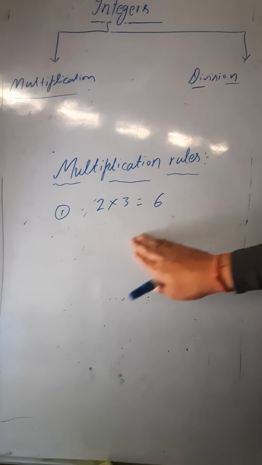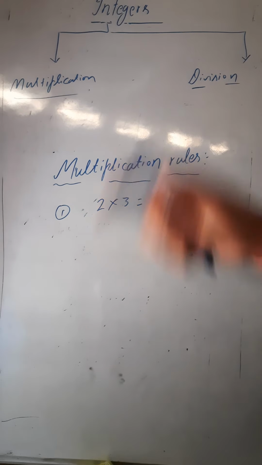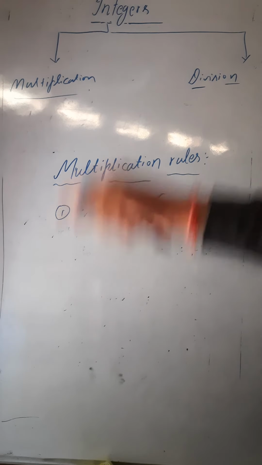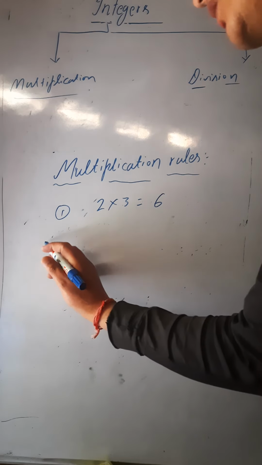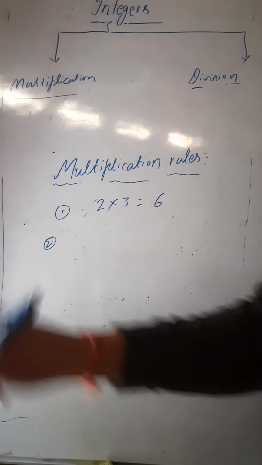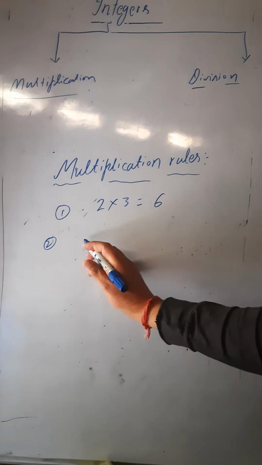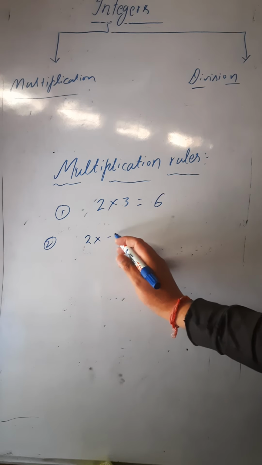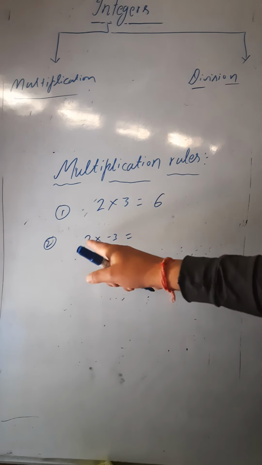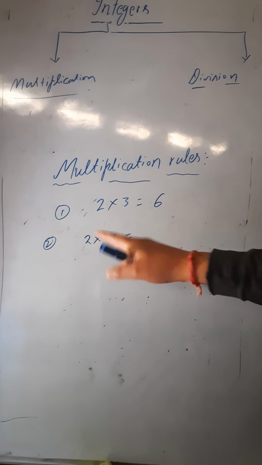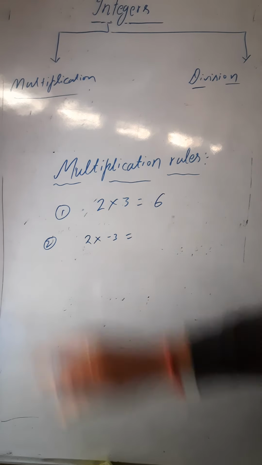So the first rule says that if both the integers are positive, the sign of the answer again will be positive. The second rule says that if one of the integers is negative and another one is positive, let me write the number 2 multiply -3. This is the positive integer because the sign of 2 is plus, and this is the negative integer because the sign of 3 is minus.